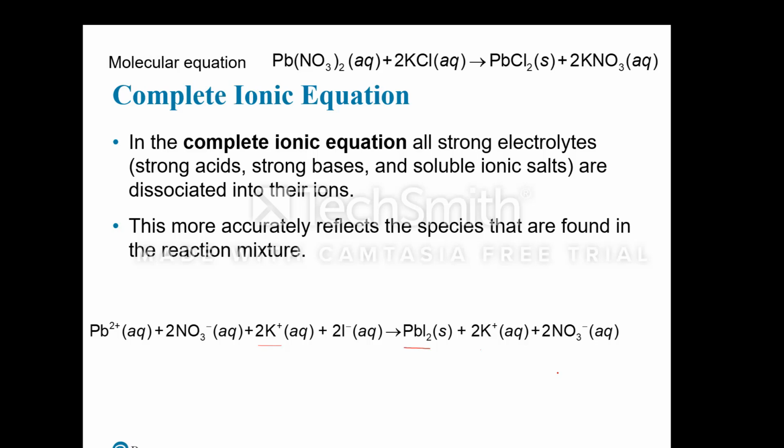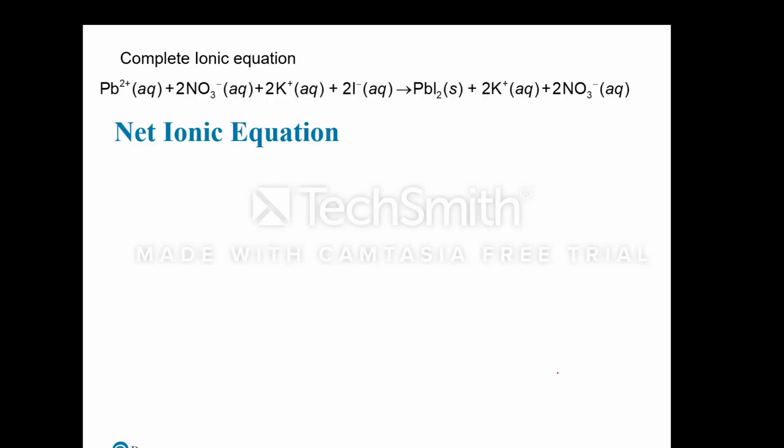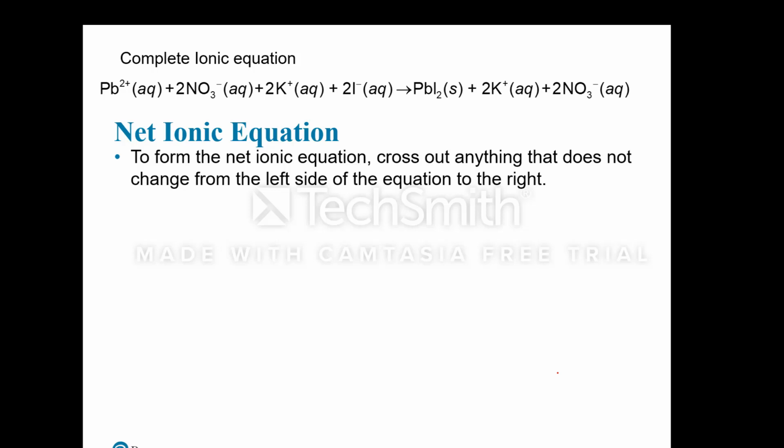And in the next slide, we'll write the net ionic equation. The last way we have to write metathesis reactions is the net ionic equation. In the net ionic equation, we don't write all of the ions that are found on both sides of the reaction arrow. These ions that are found on both sides of the reaction arrow are called spectator ions.